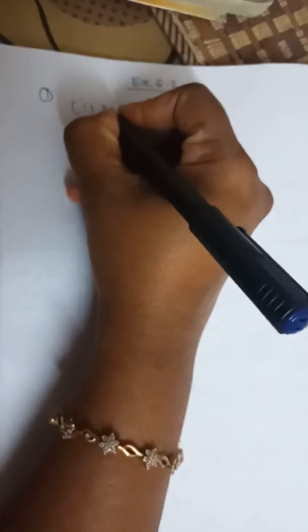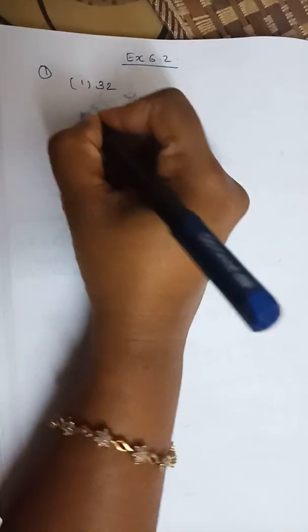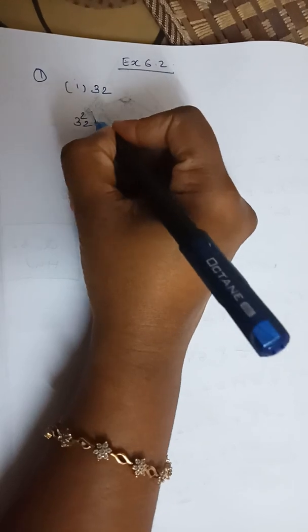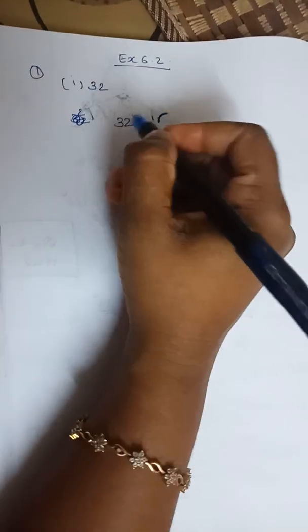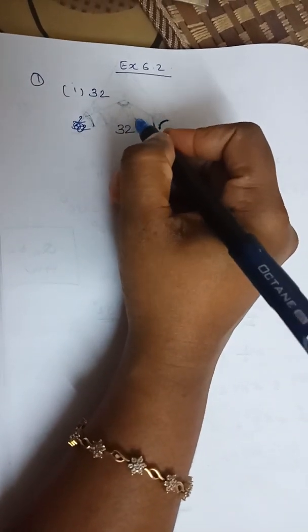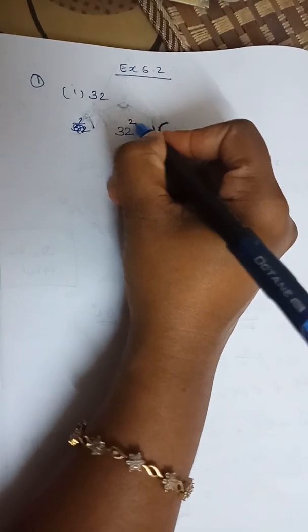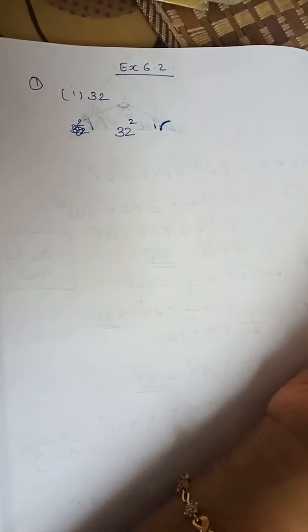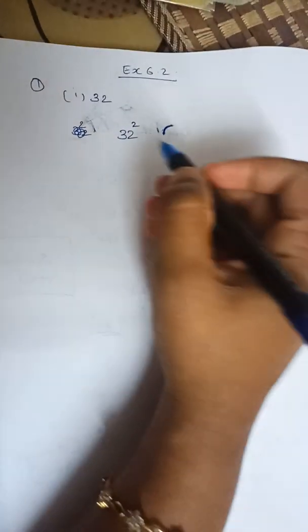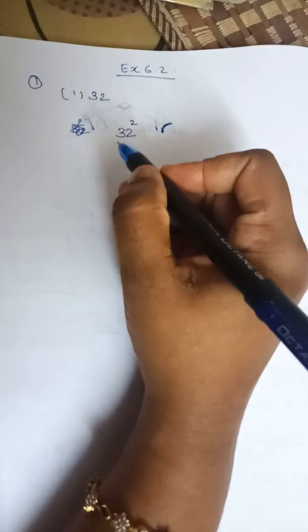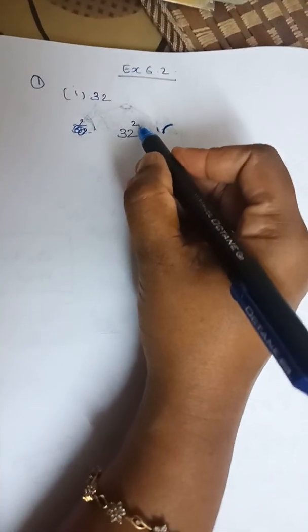First part, the given number is 32. Usually you can find the square by multiplying the number with itself. If you want to write 32 square, you should write 2 in the upper part. You read this as 32 square.